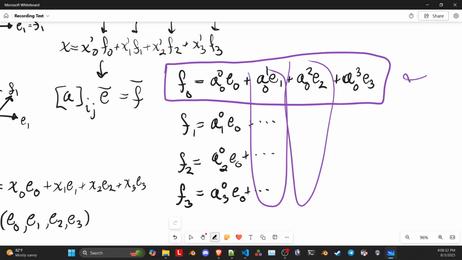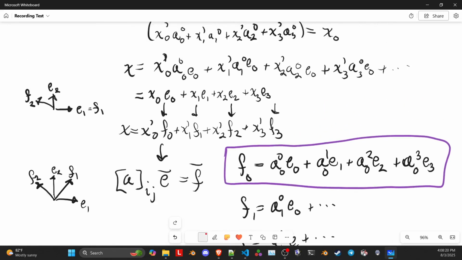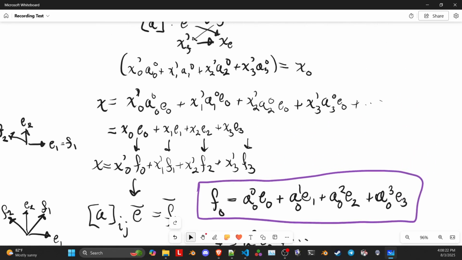Instead of each X prime component being associated to a row, because it's associated to an individual Fi, well, you get this for E0. And because these are all scaling the same E0 in the same direction, you can imagine that the overall result is just the sum. But because we have an expansion now in terms of the E0s, it should be the same as the original expansion, where the components were just X instead of X prime.